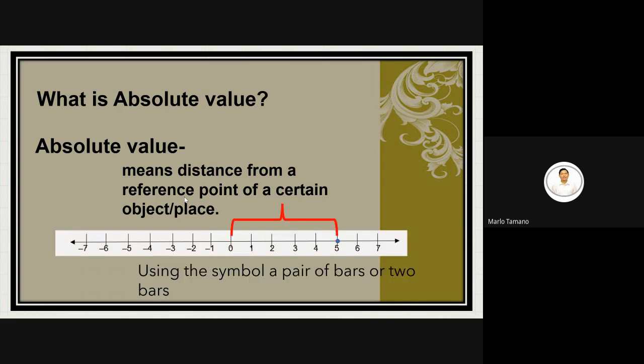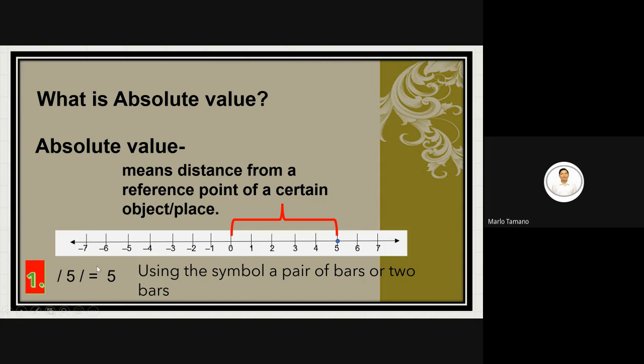Naintindihan? So another example we have here. We have 0 to 5. We have the absolute value of 5 is 5. You try to examine: the absolute value of 5 is positive 5. Nakita nyo? Positive 5 siya.